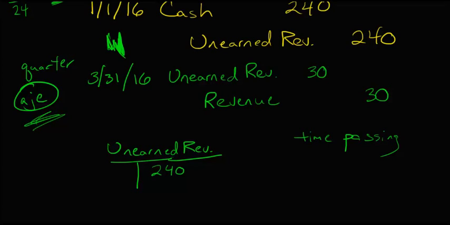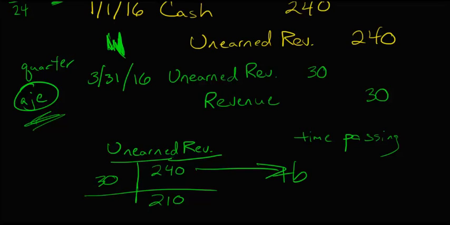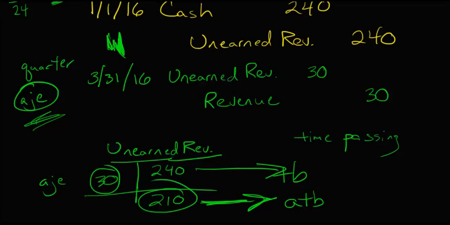So now we adjust this unearned revenue account. We're going to have a debit to it of 30. If we had our adjusted trial balance, you start with a trial balance that would have the 240 on it, but now we make the adjusting journal entry over here, and the adjusted trial balance would show $210 in unearned revenue.